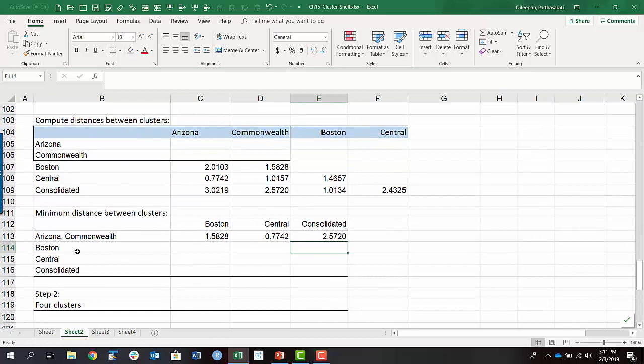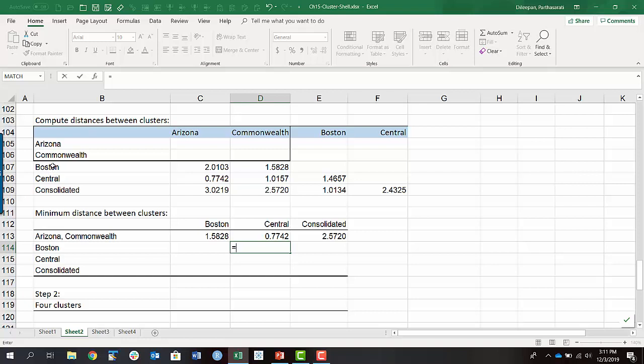All right, now we will use the upper triangle because I've set it up in this fashion, so we don't need to do anything on the diagonal. For the distance between cluster Boston and cluster Central, there is only one on each side, so there is no min or max, everything is the same.